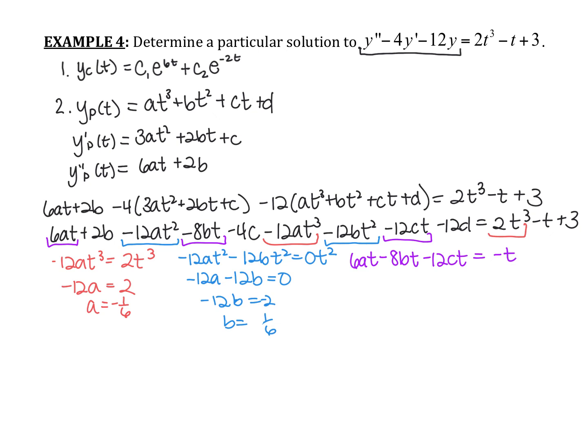Now, we know a, so this would give me negative t minus 8/6t, probably could have reduced that, minus 12ct equals negative t. So really I just want negative 1 minus 8/6 minus 12c equals negative 1. Deal with all my t's, pull all my t's out.